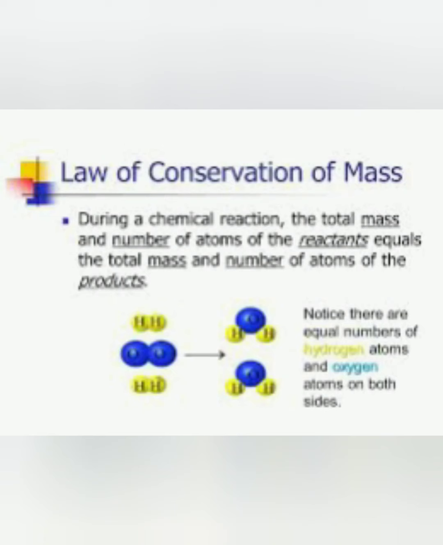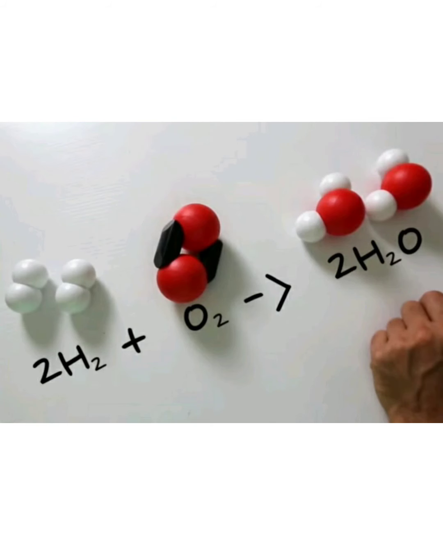It means that hydrogen atoms and oxygen atoms, when combining to form water, the number of hydrogen atoms and number of oxygen atoms remains same. They are not destroyed during this reaction. This is called law of conservation of mass.